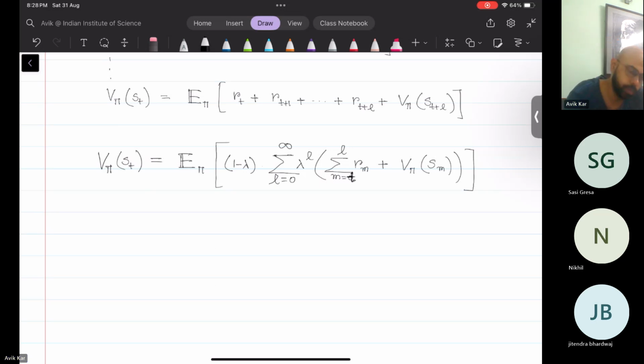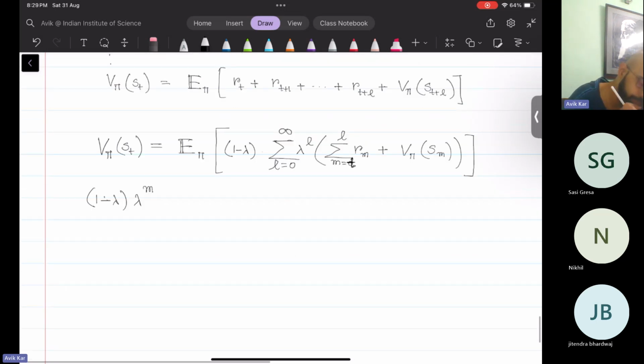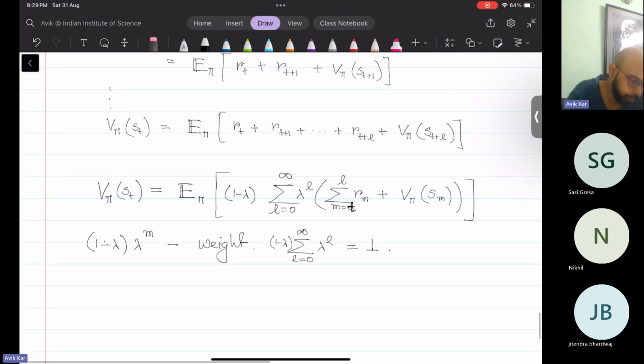Here, if you see the sum of these weights, we have weighted each term with this weight, and the sum of these weights equals 1. So hence, the left hand side will be V pi s_t, and the right hand side will be something else. Instead of writing each Bellman equation, you have written the weighted sum, and the sum of the weights is equal to 1.